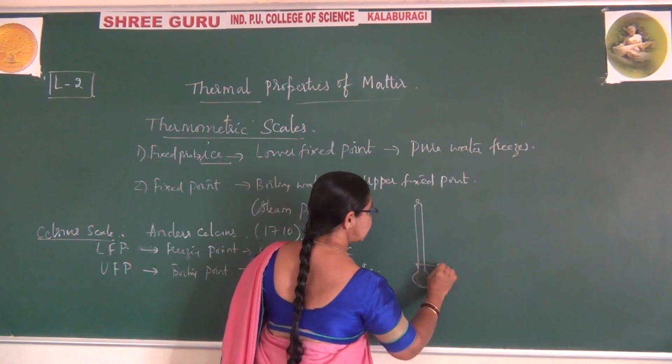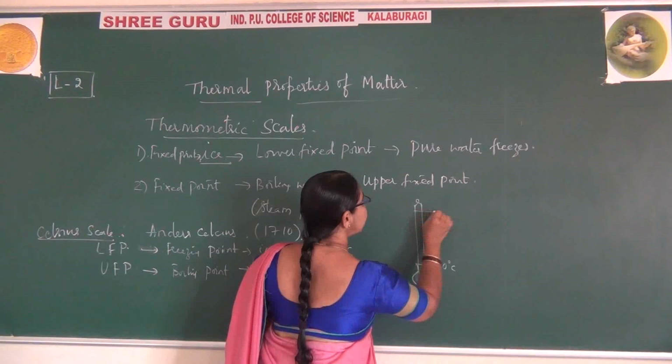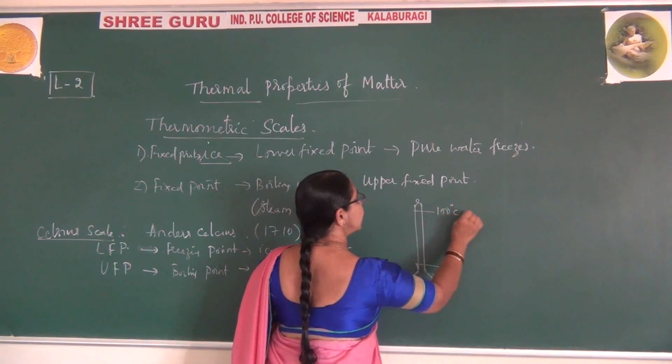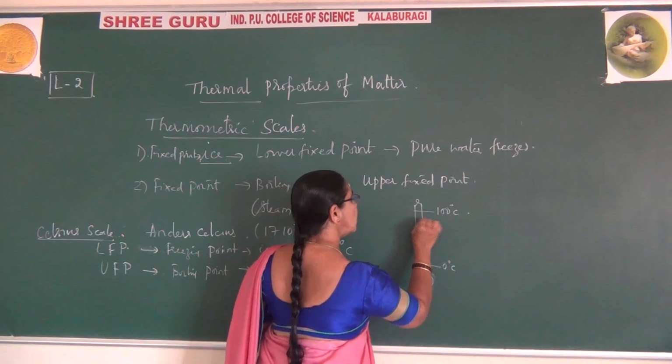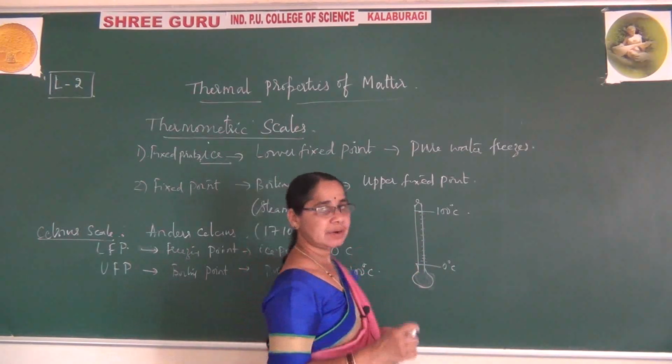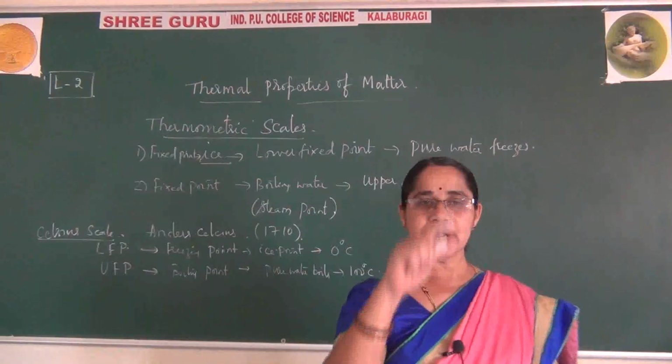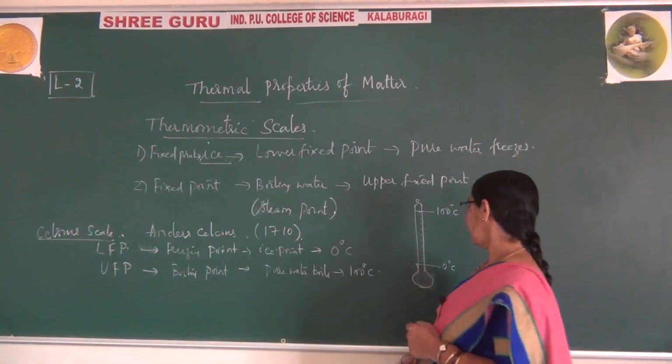In this, he has taken this as 0 degrees centigrade, and here it is 100 degrees centigrade. In between, it is equally divided into 100 equal parts. He has explained that in between there are 100 equal parts.